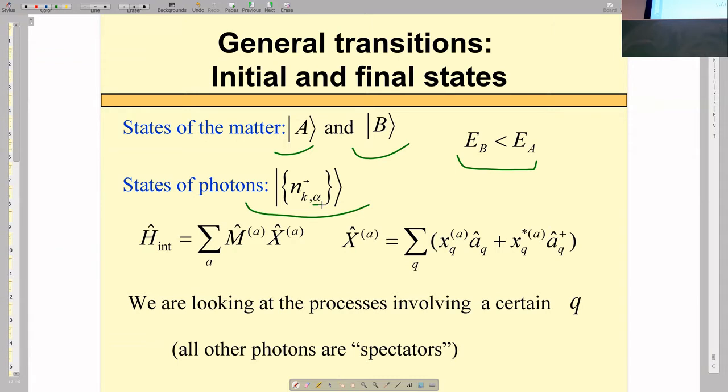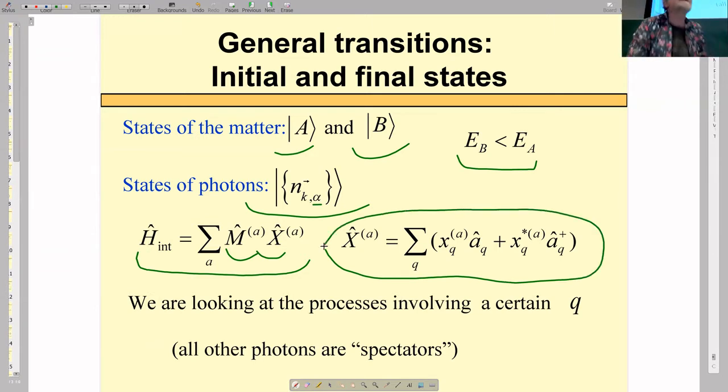All right. So what is the general Hamiltonian we can write here? Here it is. That part only concerns matter. It has matrix elements in the space of matter. That part concerns only photons or any other field which we have to excite or absorb from.